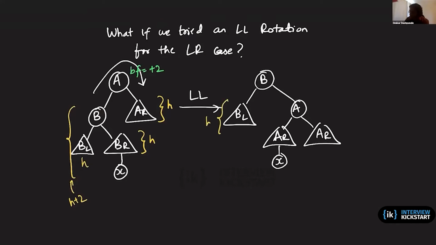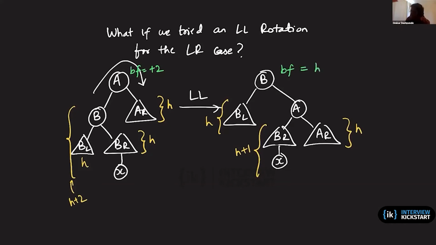So after the LL rotation, this will continue to be H. A sub R will continue to be H. Oops, sorry. This should be B sub R. So B sub R also continues to be H. With X, it becomes H plus 1. So if you notice, what is the balance factor at B now?